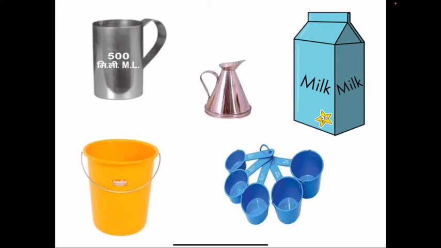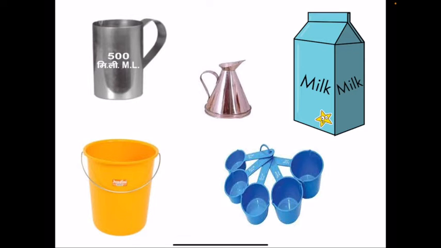Then this conical flask. Yes or no? Then this milk packet. This milk packet also contains certain amount of milk. Then you can see these different spoons, measuring spoons or measuring cups. There are different sizes and every spoon measures differently because it is of different size and their capacity is written on it.